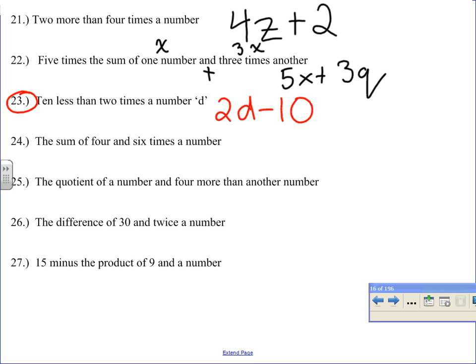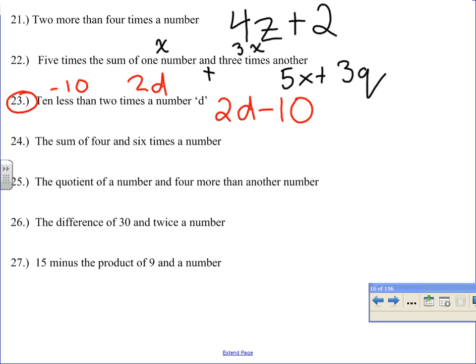Good job. So it's 10 less, so we know it's going to be minus 10. 10 less than 2 times a number D. So it's 10 less than 2D. So if it's 10 less than that, you're always subtracting 10 from that product.